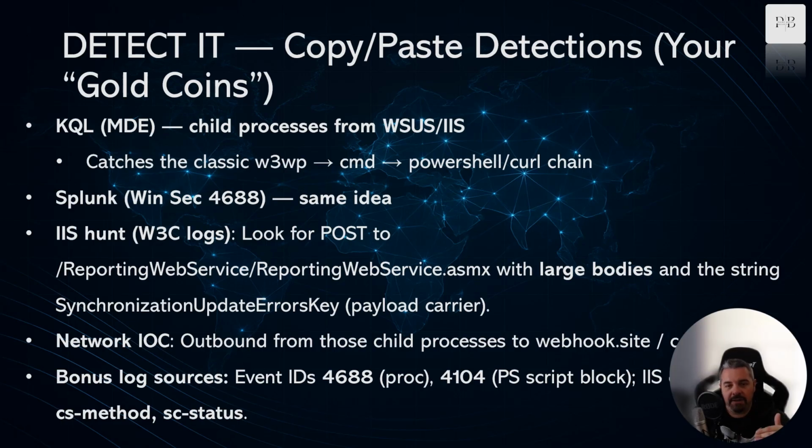Keep that parent-child requirement, it cuts false positives fast. How to use this right now? Well, paste the hunts, run a 7-day lookback, then rerun for October 22 to 26 to cover the first exploitation window we mapped on the timeline. And any hits? Well, isolate first, ask questions second.